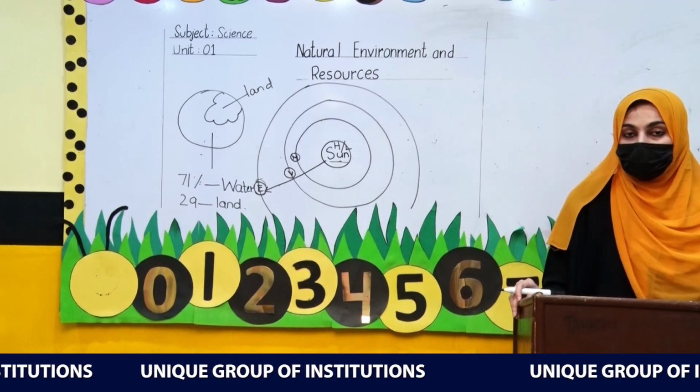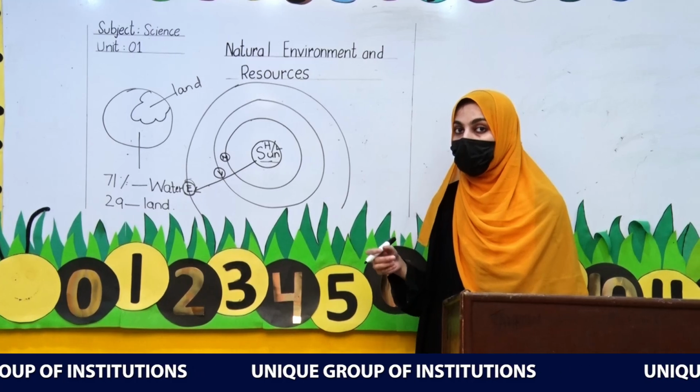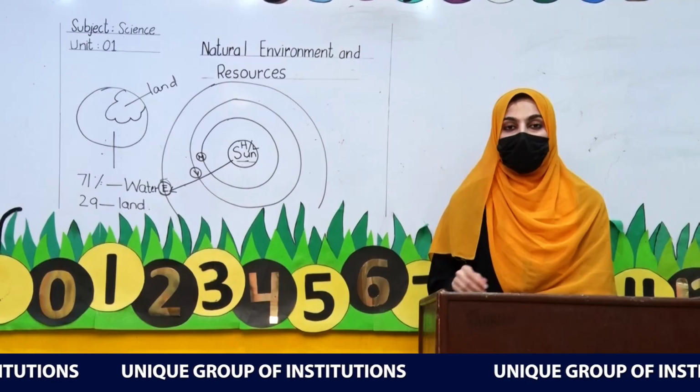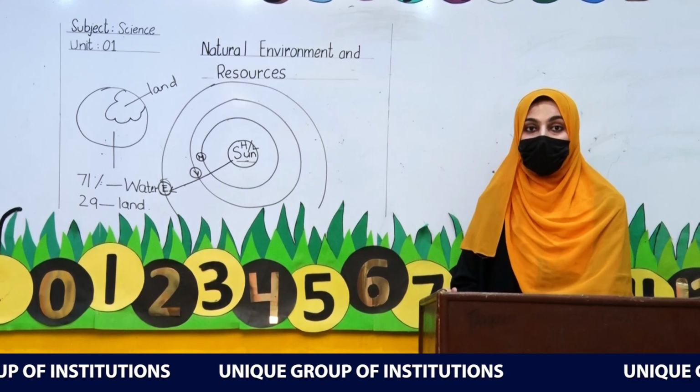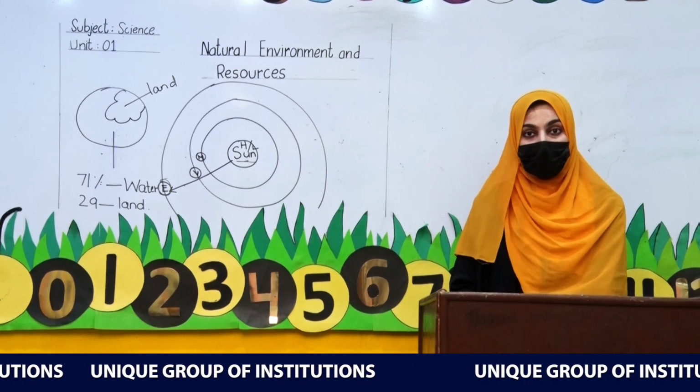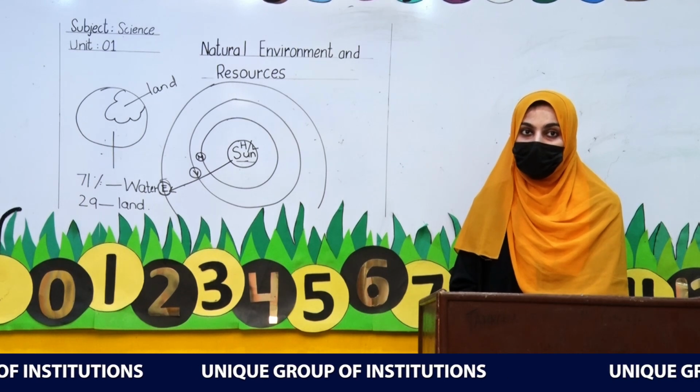We have also discussed that we get paper from the wood of trees. Okay, so I hope that you have understood the lecture very well, and I hope that you will go through the basic concepts and read the unit and follow the hierarchy in which the concepts are given.